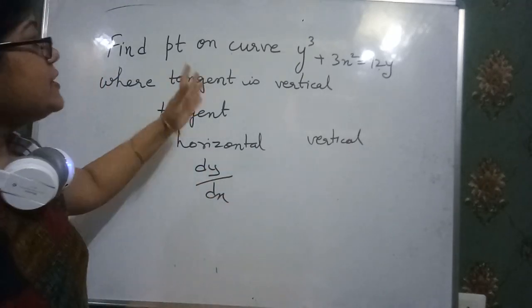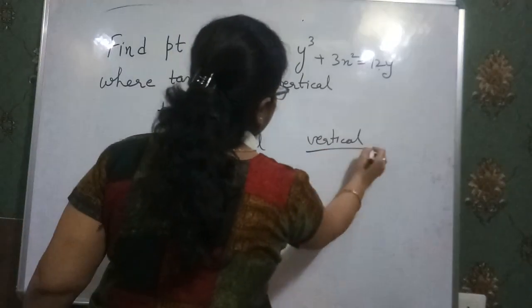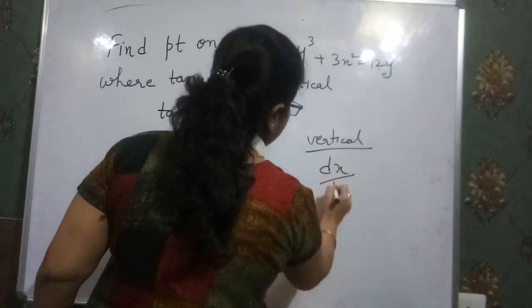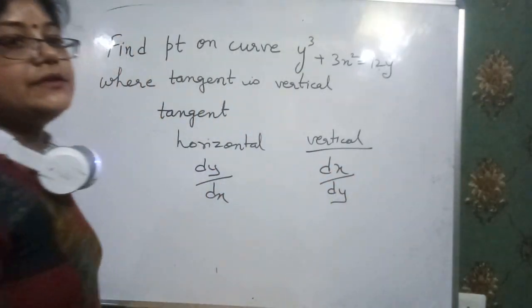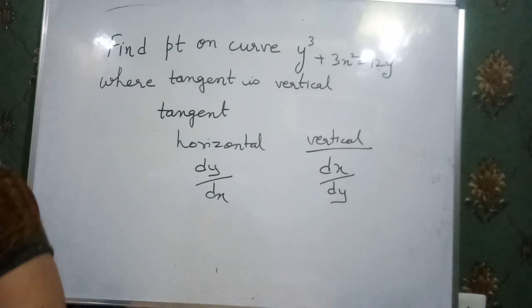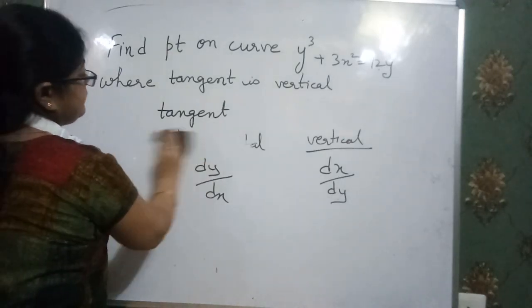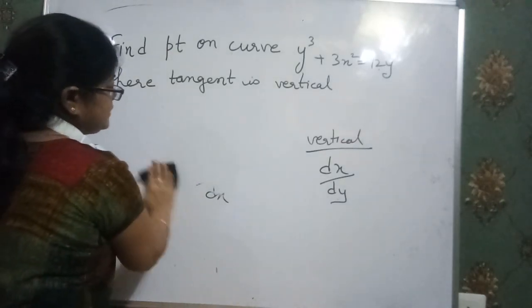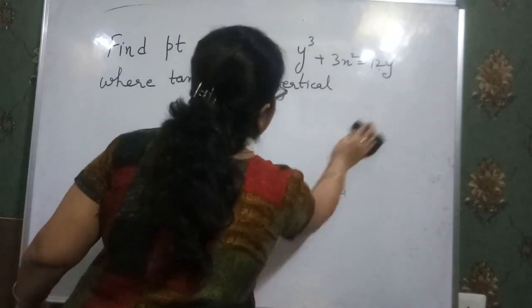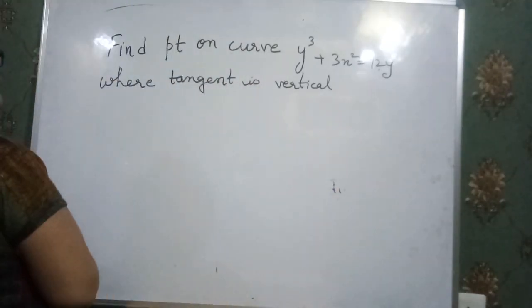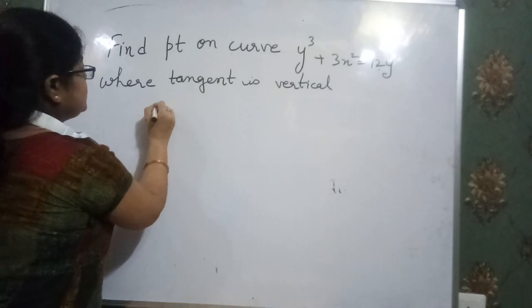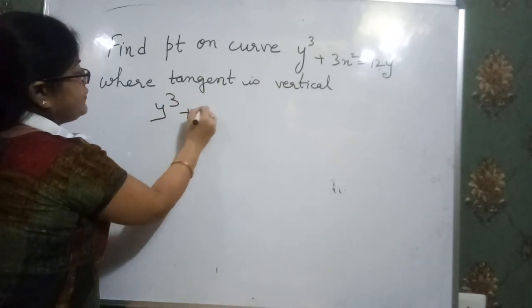And whenever it is mentioned in the question, that means we have to find the vertical tangent, we have to find dx by dy. This is the difference. Now, I think you can easily find the different types of horizontal and vertical tangent according to the question. Now here we have to find the points in the curve where the tangent is vertical. So just differentiate it.